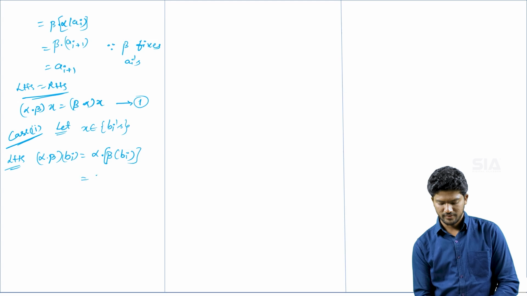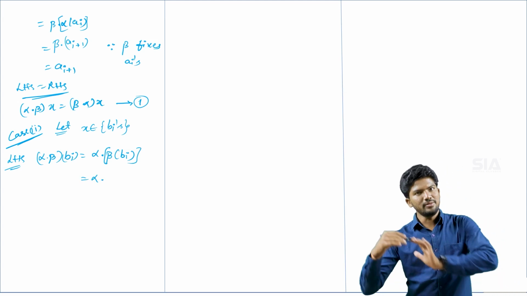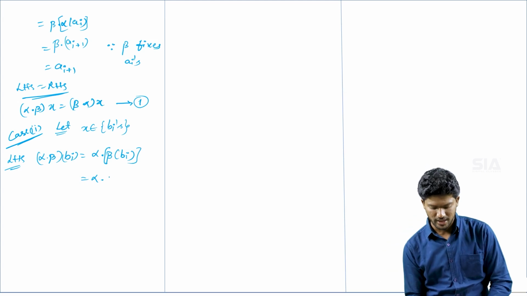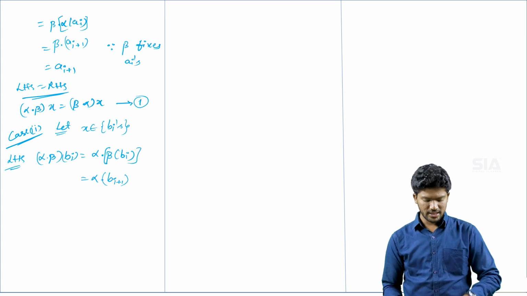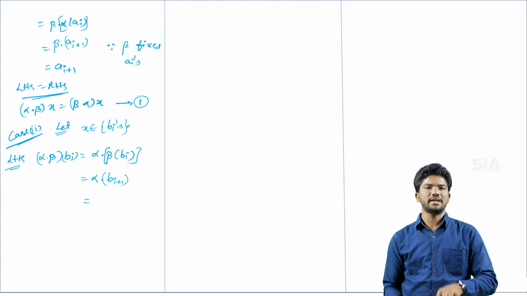Here you have beta and b1, b2, the same set only. So you can write the formula according to that. So b suffix i plus 1, since we wrote a suffix i plus 1 before, and here we are writing b suffix i plus 1. And again we got alpha into b suffix i plus 1.